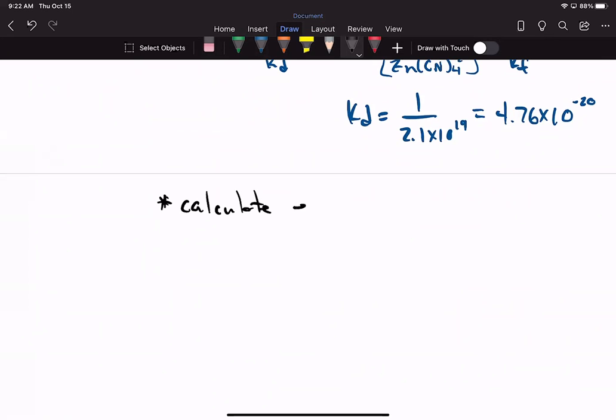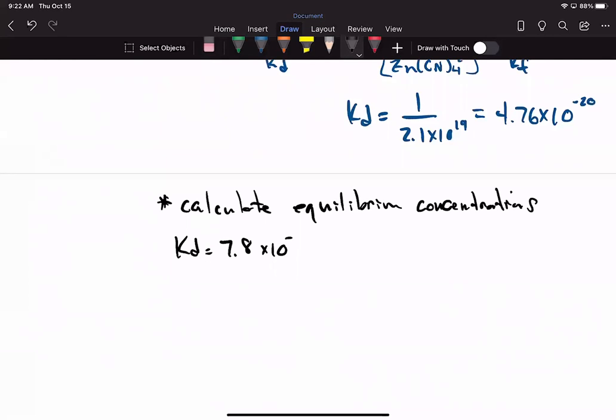So let's calculate some equilibrium concentrations. Let me give you a KD here. So our KD is equal to 7.8 times 10 to the minus 18.